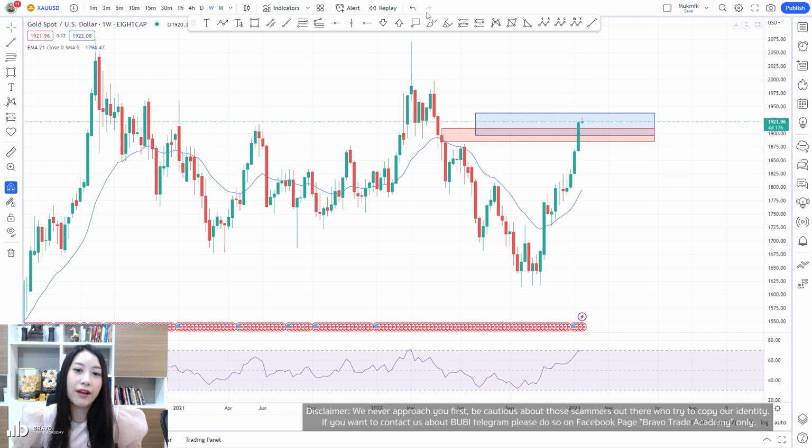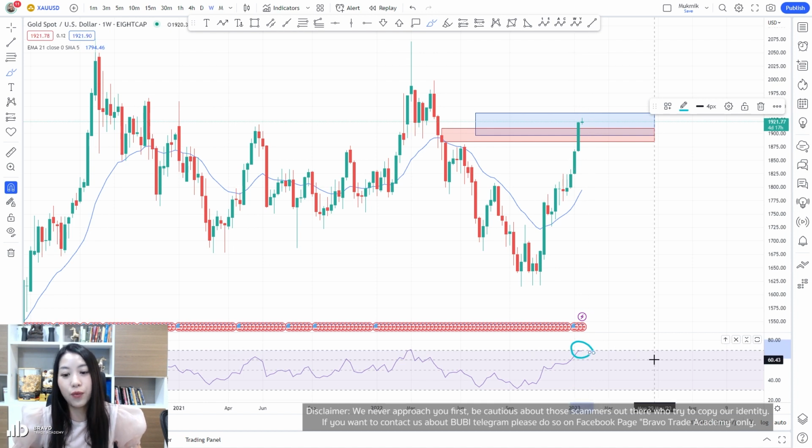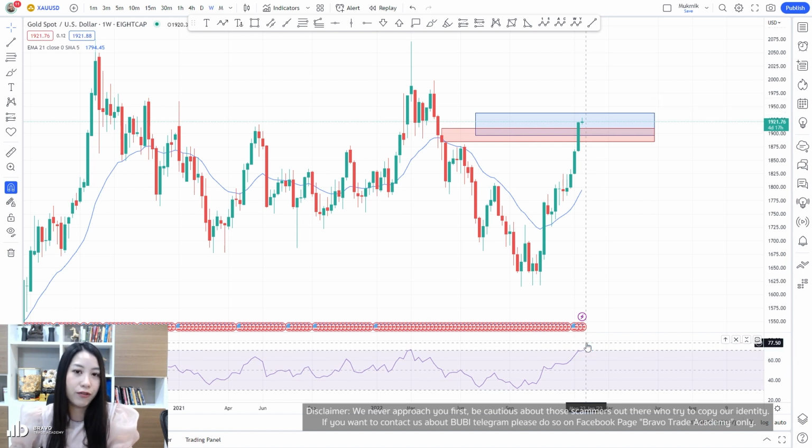And also if you notice this momentum, even in the weekly time frame, it has now touched this overbought region. Last week on Friday, it was not that clear to tell the momentum in the weekly time frame. However, the daily time frame was still coming up on Friday, as we looked at together.